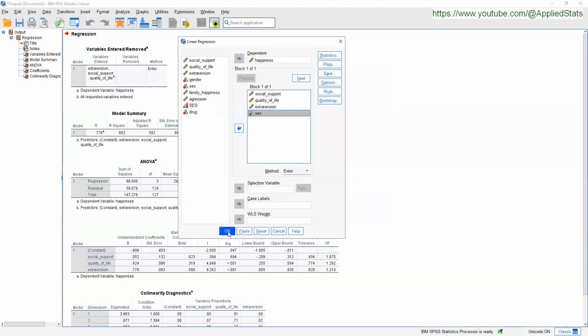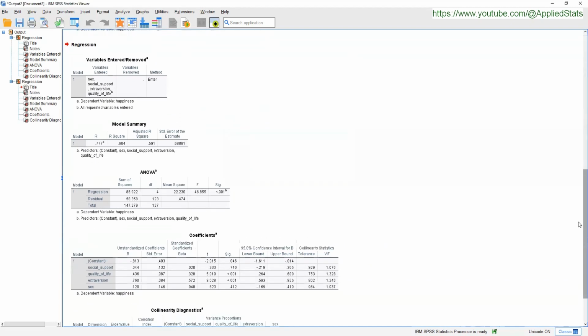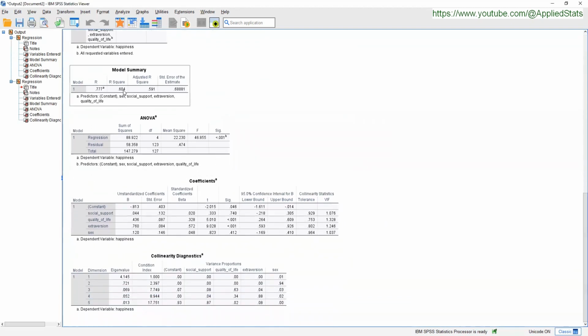And let's see what we get. This time you see that R-square is slightly increased, only slightly. And our F value is significant. And significance levels related to the other three predictors are almost the same as the previous one. What about sex?